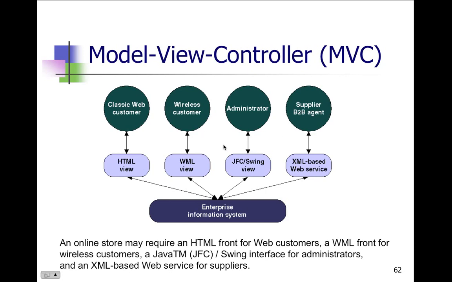So the model itself is the data, the view is the user interface to the data, and then the controlling of the data, which are the three components of model view controller. In terms of the view, the HTML view for the classic computer user, the WML, the wireless markup language, for your web user that's going to go on a phone.